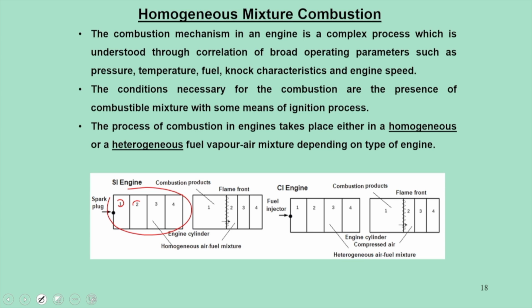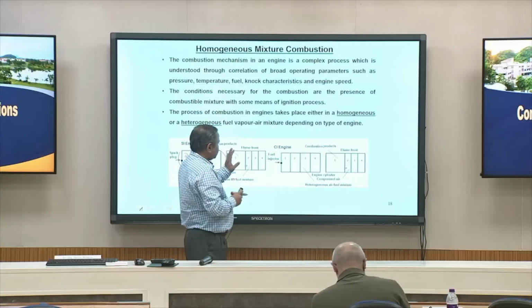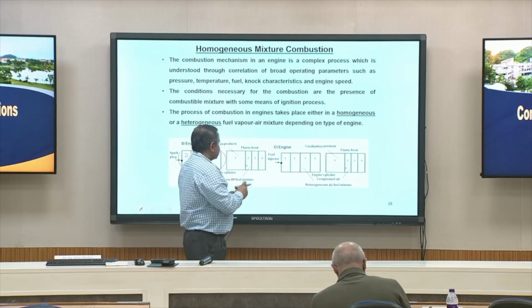At one instant of time, zone 1 is now full of combustion products, but zones 2, 3, 4 are still unburned charge. As the flame moves, it spreads the rise in pressure and temperature.